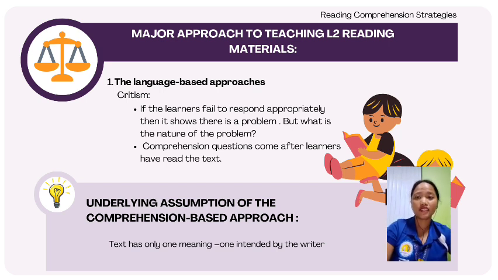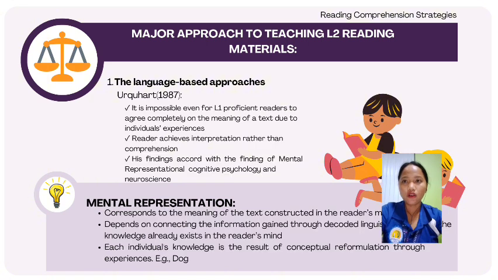The underlying assumption for this approach is that a text has only one meaning, the one intended by the writer. However, this is problematic because different readers may interpret text differently based on their personal experiences and prior knowledge.